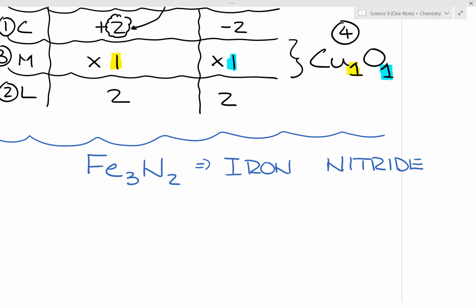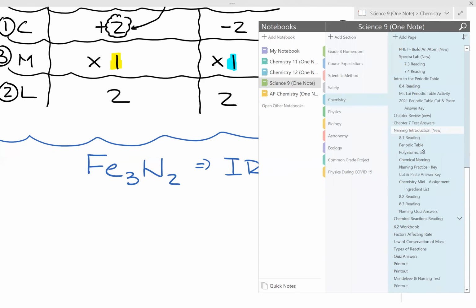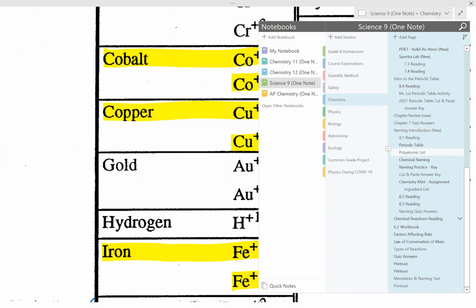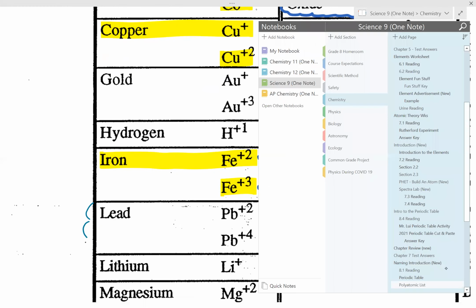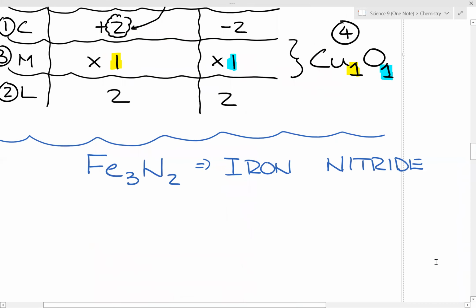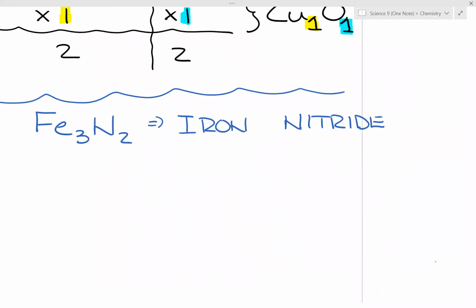Now, you might say, okay, but now we have to take an extra step. You need to check, does iron have more than one charge? Is it multivalent? Is there a choice? So if you look at the table on the back, you will notice that iron either has a +2 or a +3. So which one did we use? In this case, what we do again is we have to set up the little table.